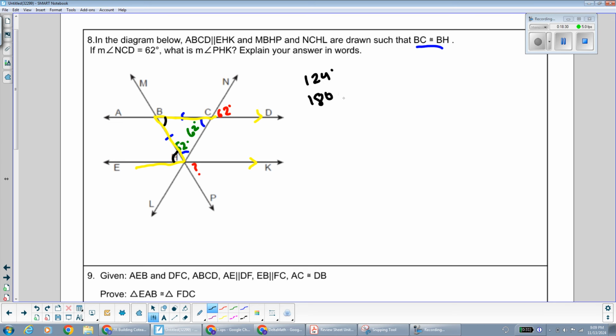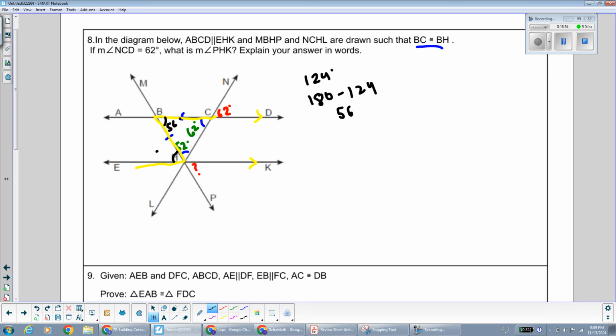So to find the last angle, if we do 180 minus 124, we can find the last angle of the triangle. So let me do that on my calculator. And I got 56 degrees.